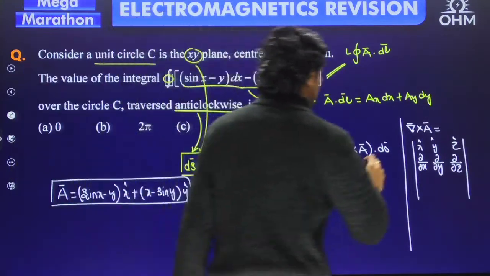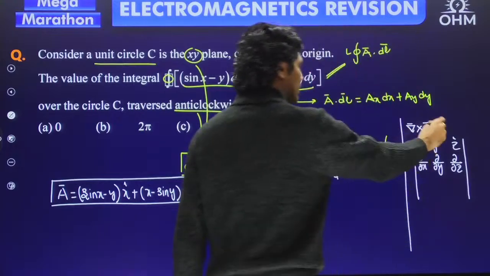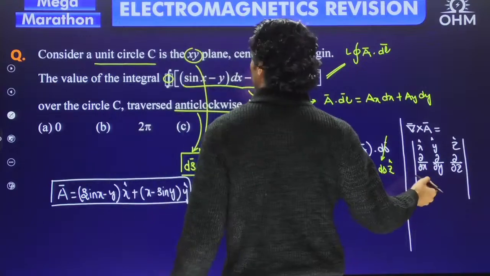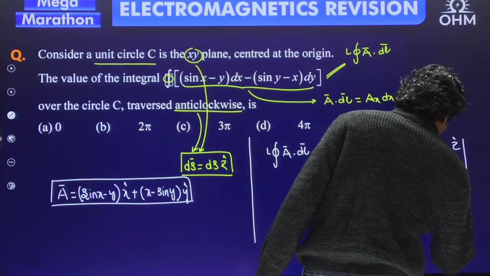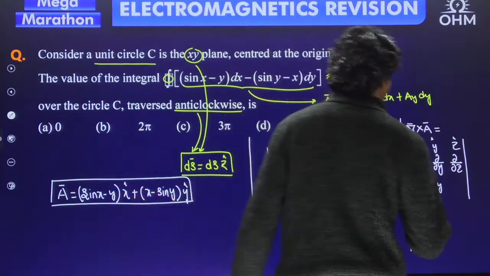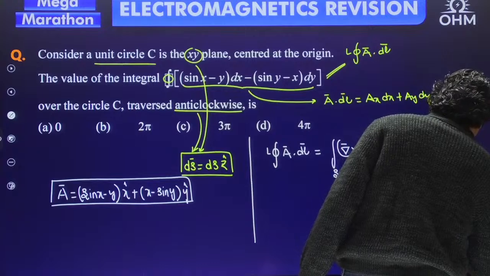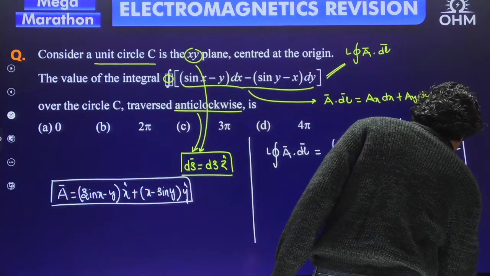Since ds bar is nothing but ds times z cap, I'm only concerned about the z cap component of the curl, nothing else. What is the x component of A bar? This is sin x minus y. The y component is the second term, x minus sin y. The z component is nothing but 0.